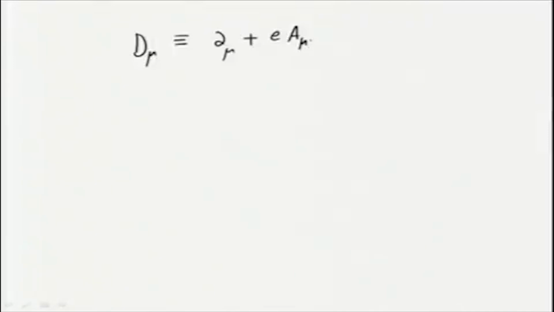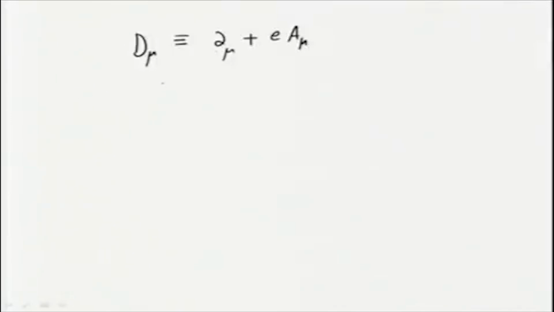Okay. This has to be a vector because the first term is a vector. So, what we have in the second term should be a vector of course. We denote that by a mu, whatever that vector is, some vector field is added to dou mu to give a new kind of derivative.